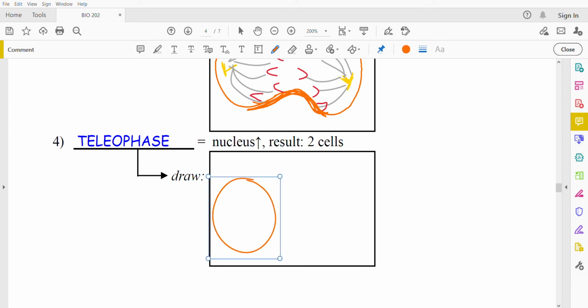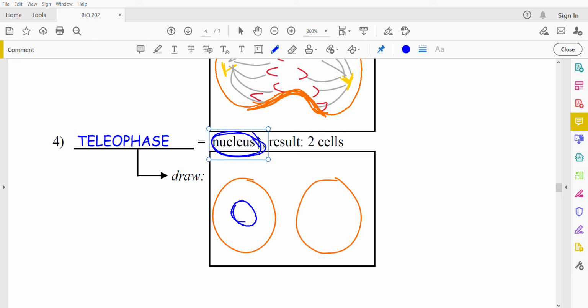In addition, we will see that the nucleus becomes visible again. So I'm just circling so you know what I'm drawing here. This is going to be the nucleus, so the nuclear envelope and the nucleus reappear. And both of these cells will now have DNA material.